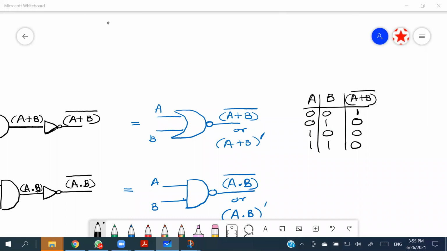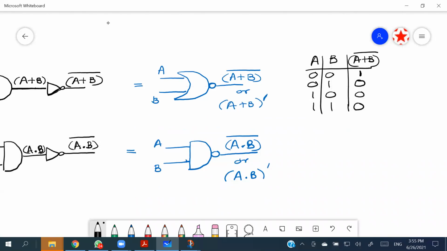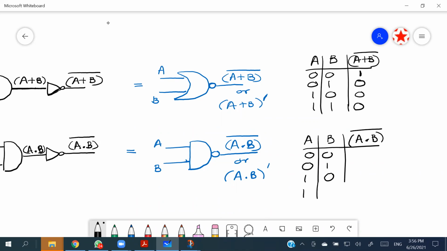Yes, Tesandu. Likewise. And what happens to the NAND? A dot B total bar. So 0 0, 0 1, 1 0, 1 1. 0 into 0 is 0.